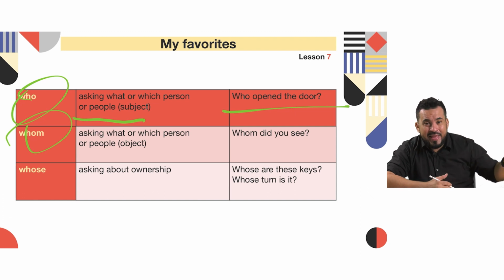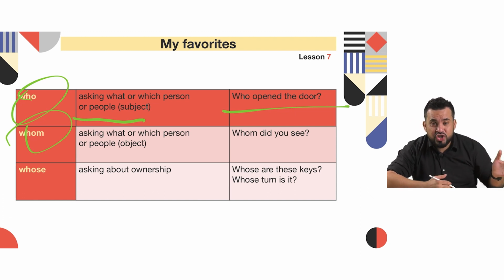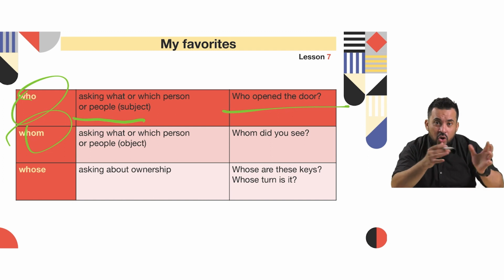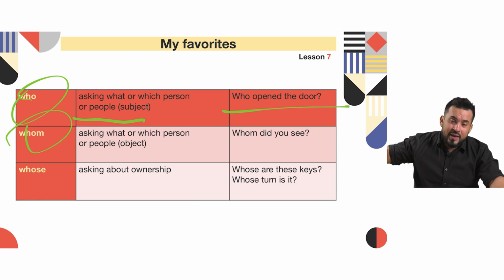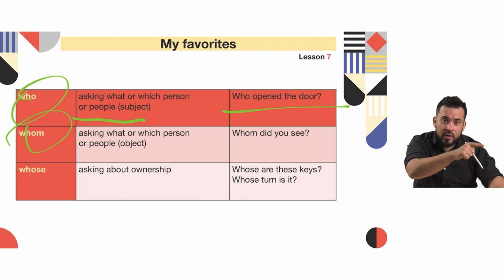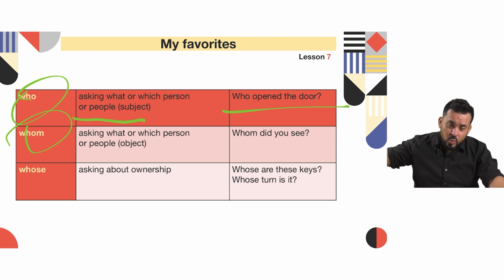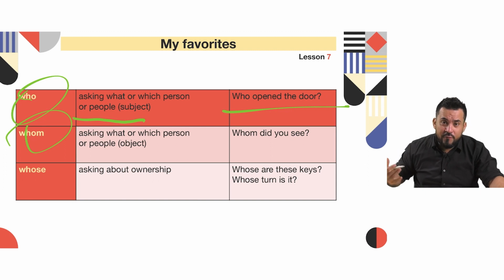The answer will be, he left this here, or she left this here. Therefore, we will say who to talk about he or she, which is the subject. Now, if we're talking about the object, we will say whom. For example, I will say, whom did you talk to? So the answer will be, I talked to him or I talked to her. In this case, we will use whom because we are referring to the object and not the subject.